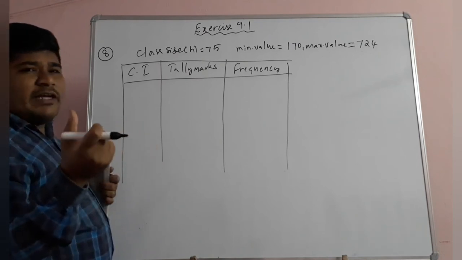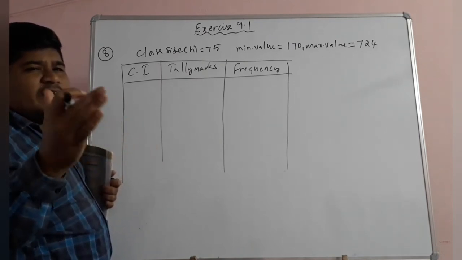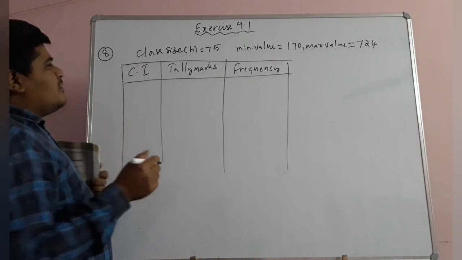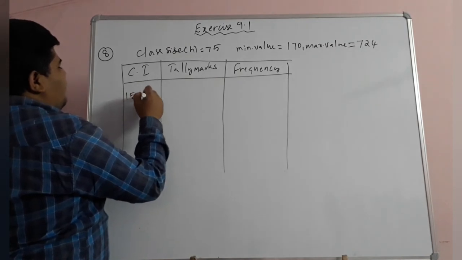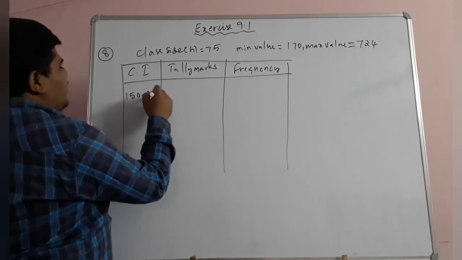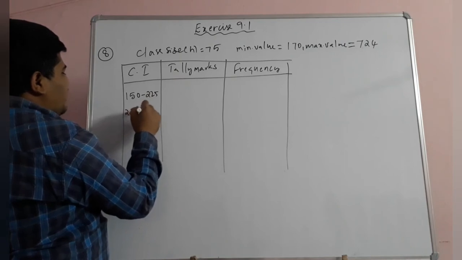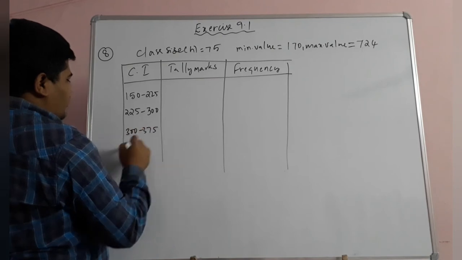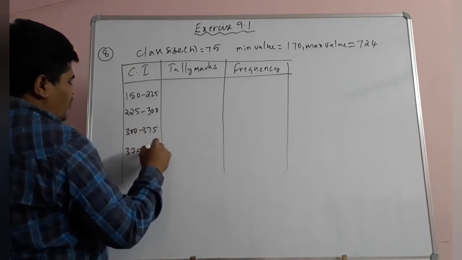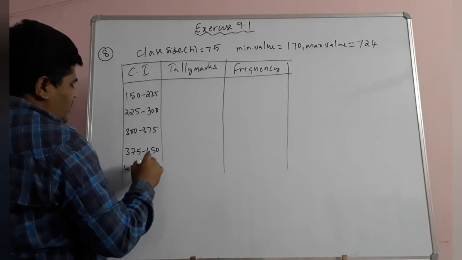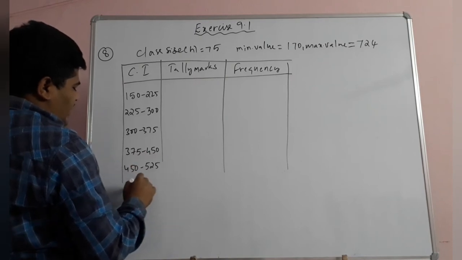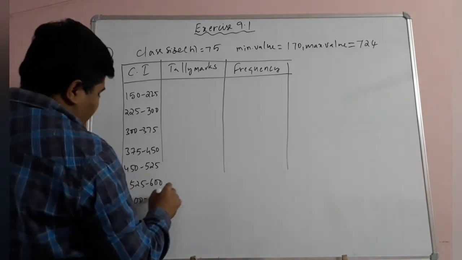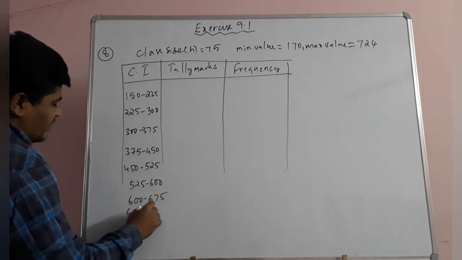So the first class interval is 150 to 225, second class interval 225 to 300, 300 to 375, 375 to 450, 450 to 525, 525 to 600, 600 to 675, and 675 to 700.